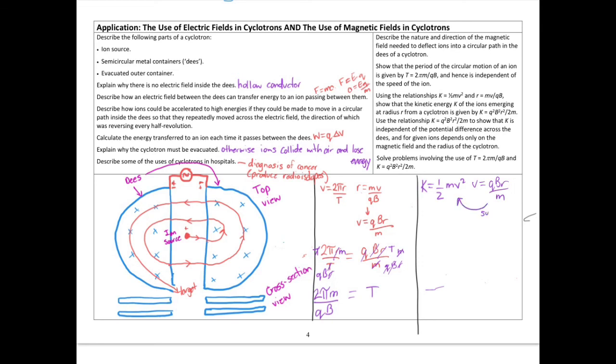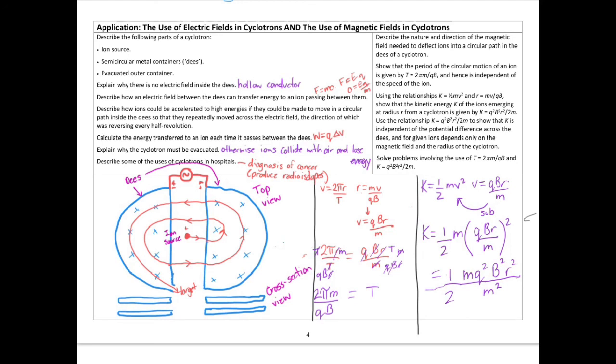Basically we're going to substitute that equation into there. So we get K equals a half times M times QBR on M squared, which equals a half MQ squared B squared R squared on M squared.